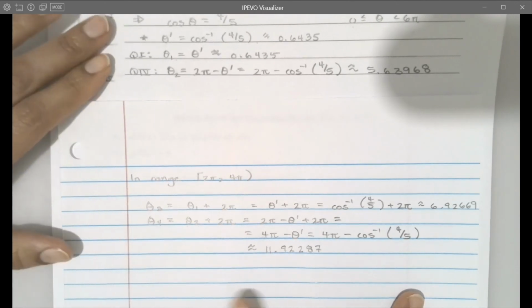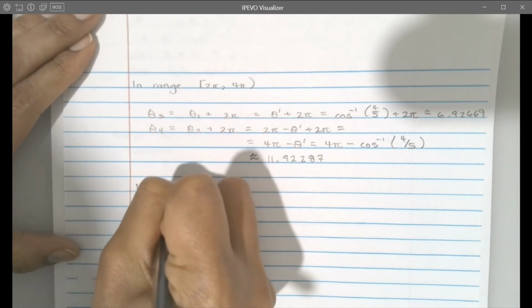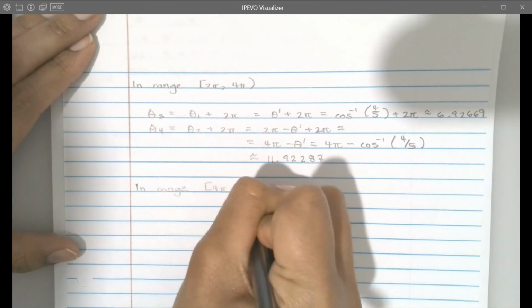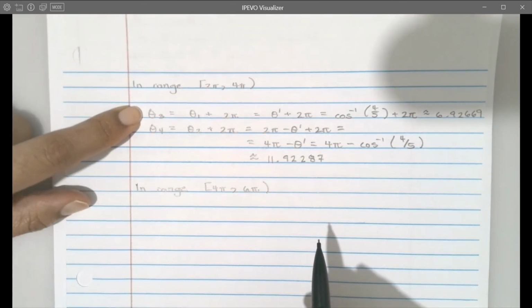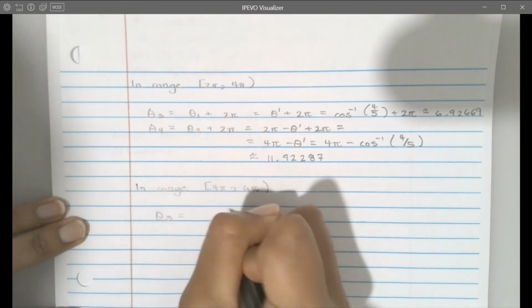Alright, now in the range of 4 pi to 6 pi, that means that we're going to be adding 2 pi to theta 3 to get the fifth angle.